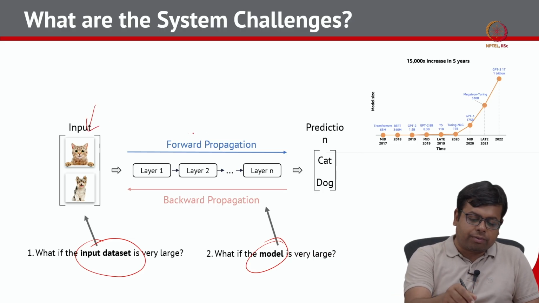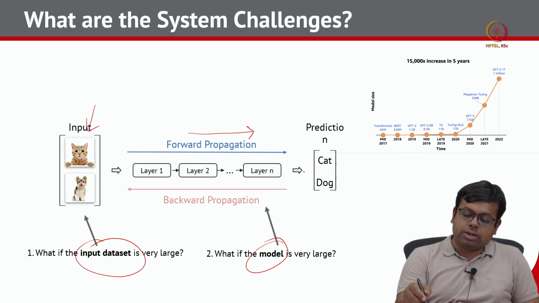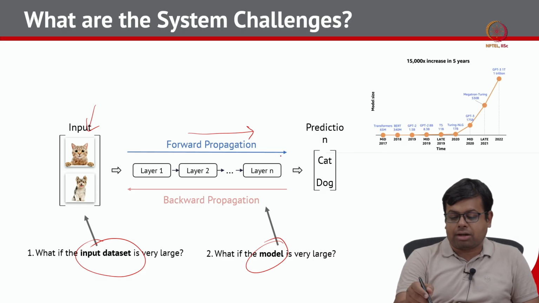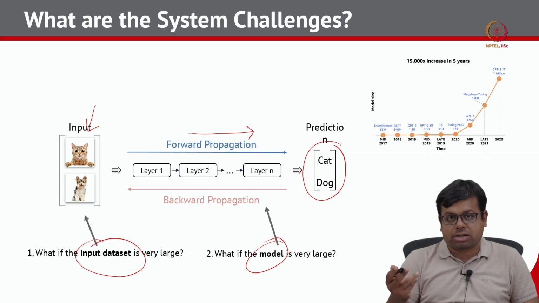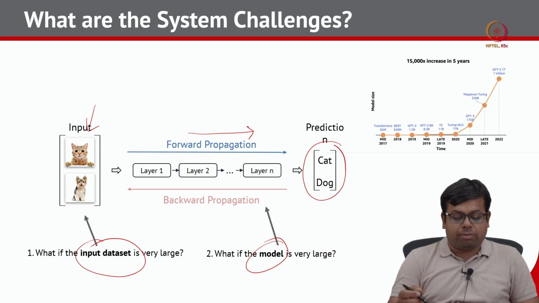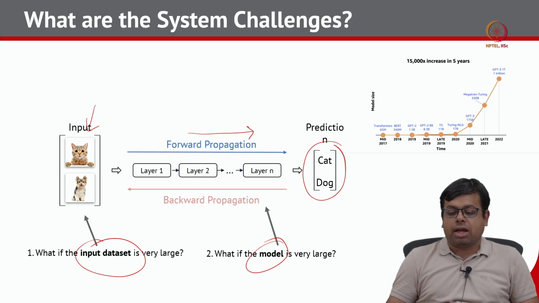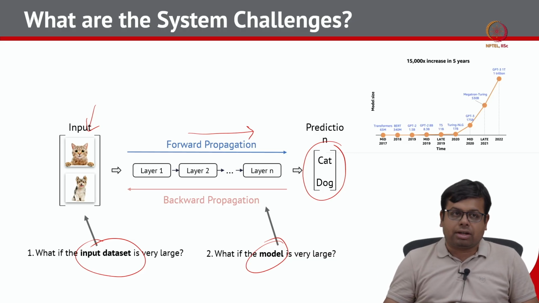During training we perform a forward propagation which does some prediction. At the same time we have these golden labels, cats or dogs. Then we compute the error, and based on the error we perform the backward propagation. That is how DNN training, or in general any ML model training, happens.